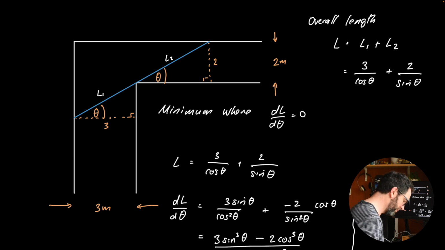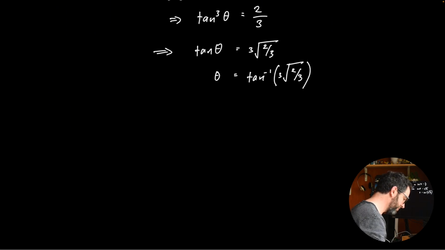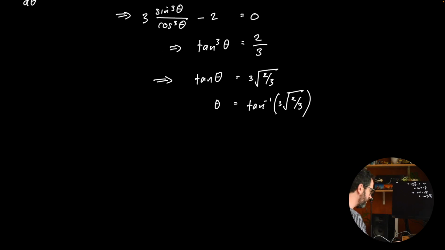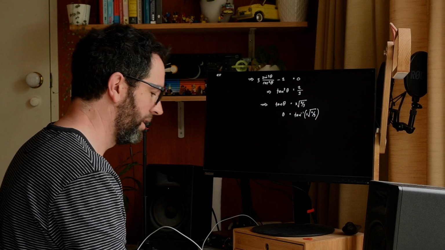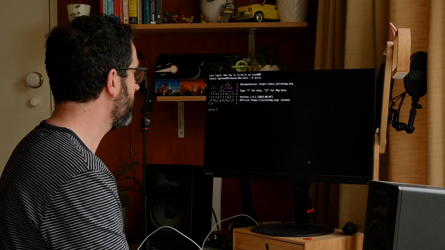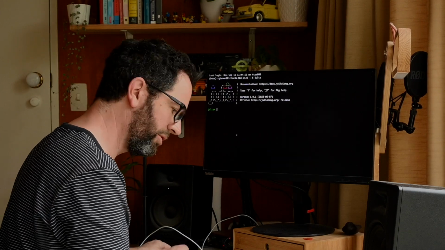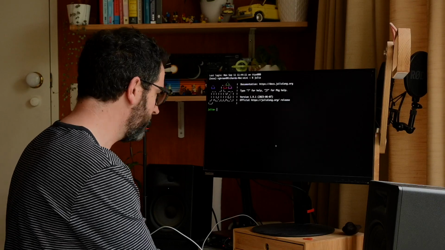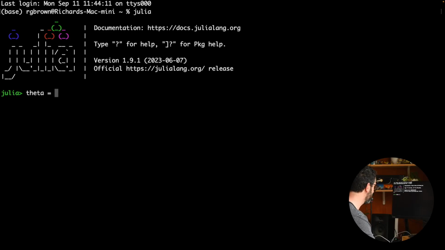Okay, so we've got our expression for theta, which is inverse tan of the cube root of 2/3. Now I'm just going to jump into the computer and see what that is. So I have that theta is the inverse tan, which is often atan in computer programming languages, of the cube root.